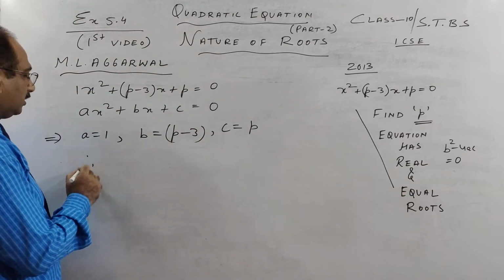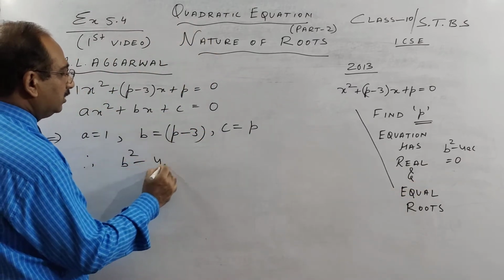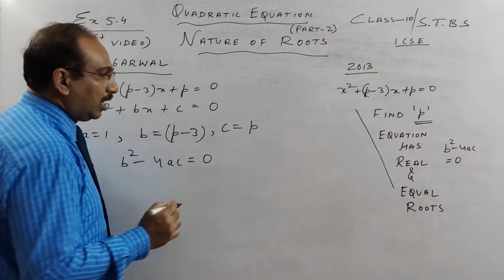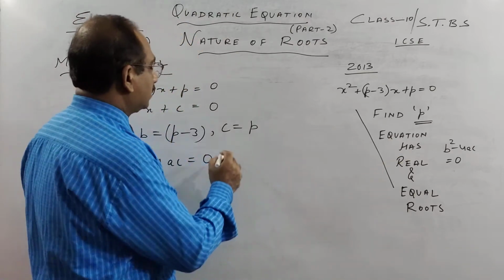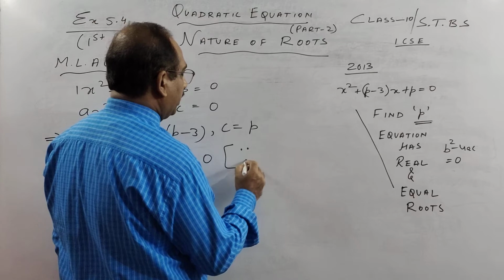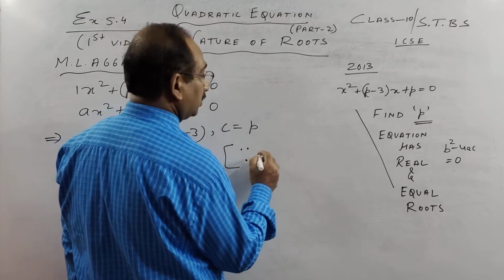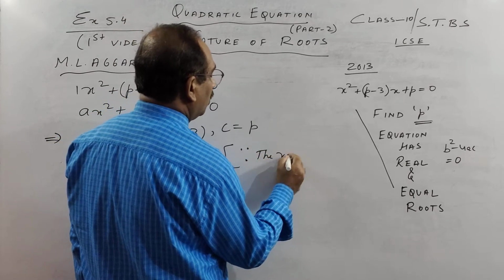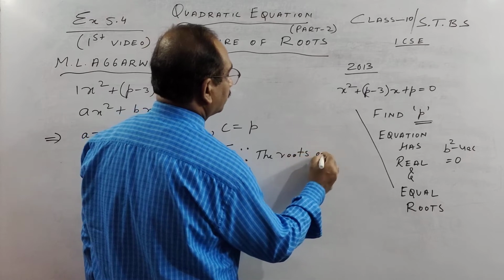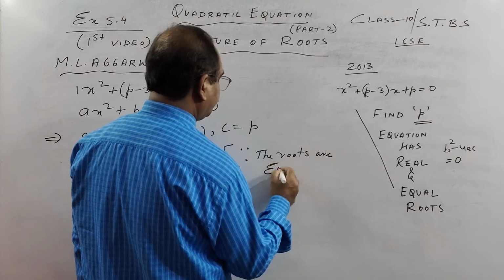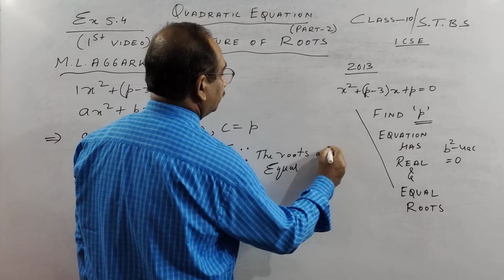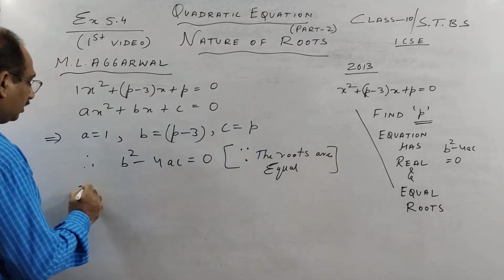So in ICSE, since the roots are equal, the discriminant is 0. One mark you may get here if you do the correct substitution. Since the roots are equal, now let us see, children.